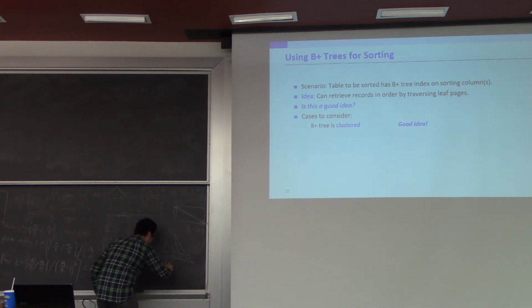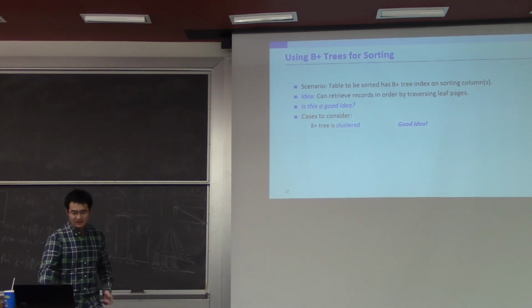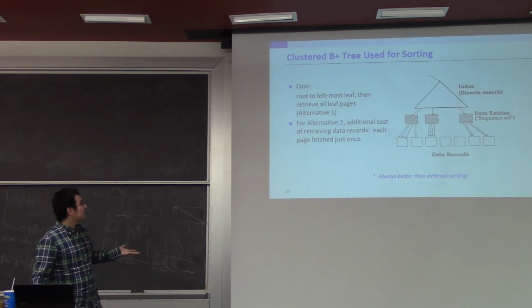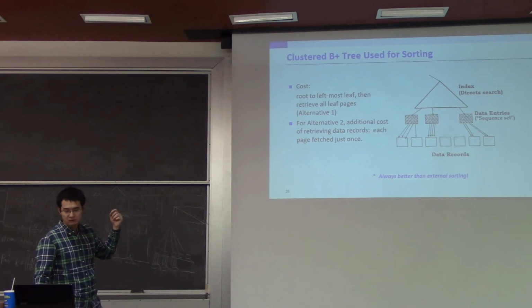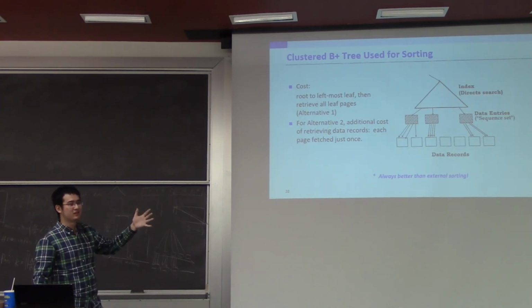A clustered index means that the actual tuples in the heap file are also sorted in the same order. So in this case, it's a very good idea, because if you scan through the data entries in the leaf level, you can just fetch tuples from the heap file, and that will incur only one I/O for each page because you know it will be in order, right?